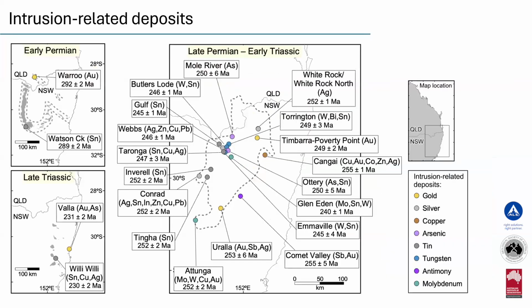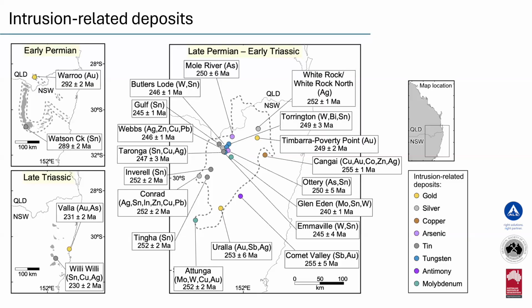And if we move to the southern New England Orogen, we find a very different kind of situation. In the southern New England Orogen, we find very few early Permian or middle Permian deposits. We find just a couple of late Triassic deposits. The majority of the deposits are again kind of late Permian, early Triassic, around 250.